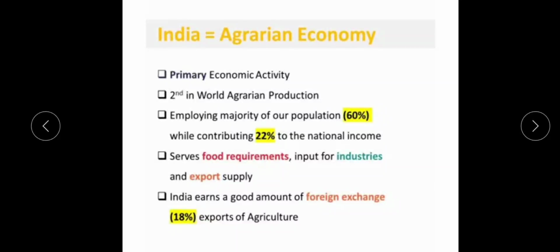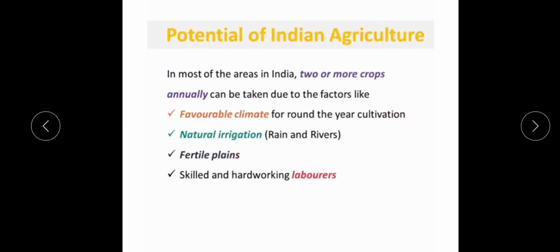Other factors to support this are that India has a very vast fertile plain, irrigation facility, and skilled and hardworking farmers. This shows the potential of Indian agriculture. As I said, in most of the area in India, we can take two or more crops annually.